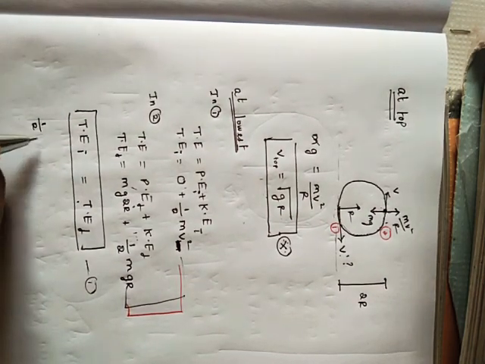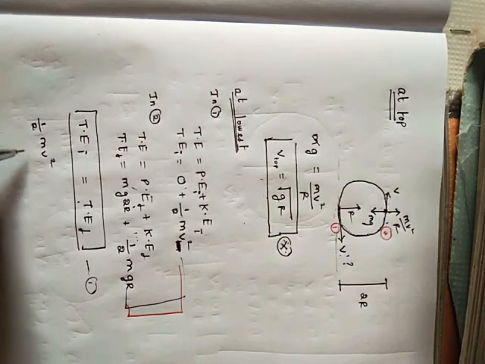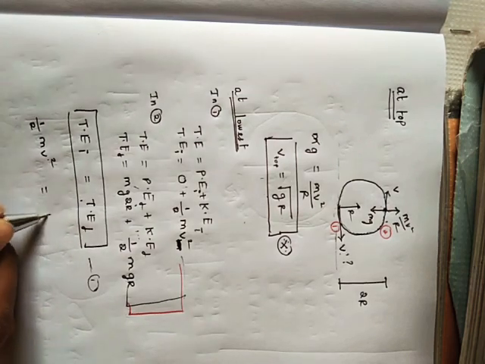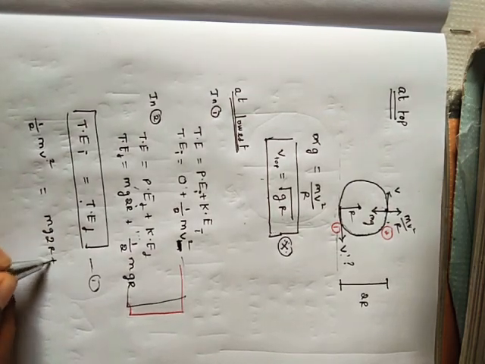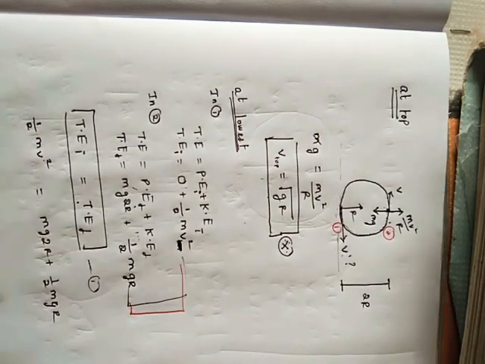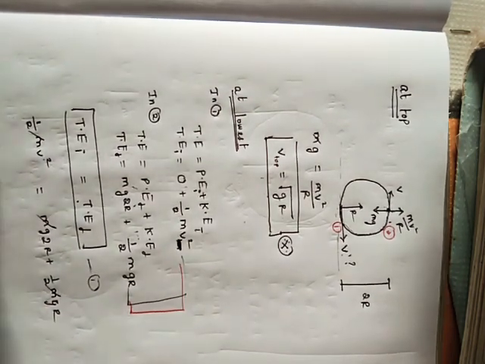So half mv square, this initial, this is the velocity we are going to find, and here mg2r plus half mgr. Mass will be cancelled.